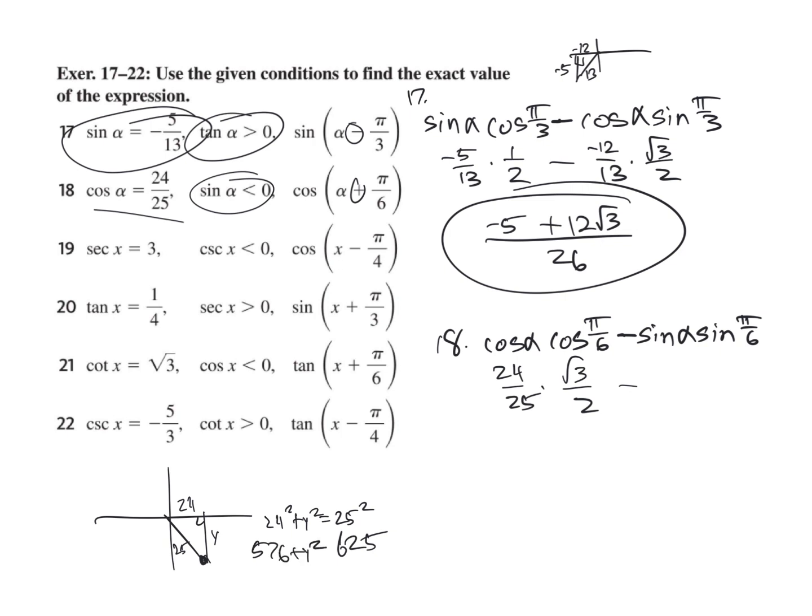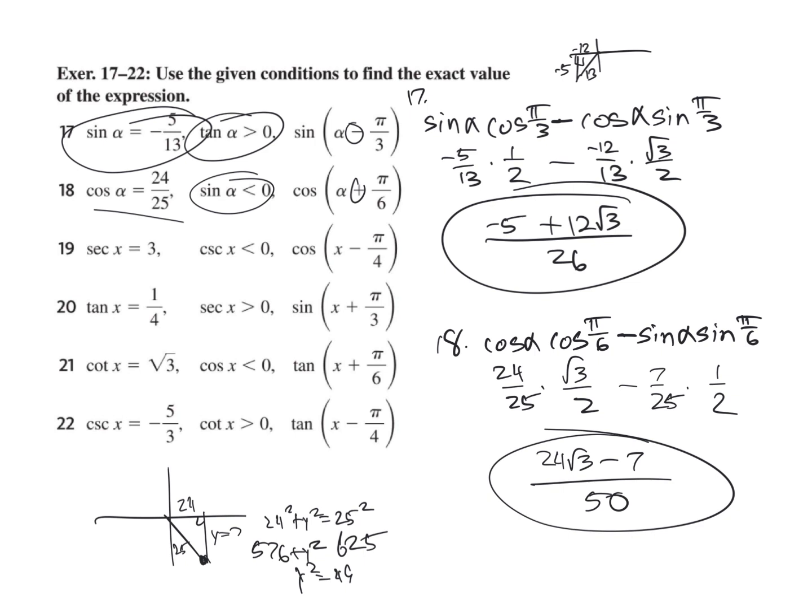And subtract it. So 625 minus 576 is equal to 49. So y is 7. So now the sine of alpha is 7 over 25, opposite over hypotenuse. And the sine of pi over 6 is 1/2. So 24 square root of 3 minus 7 all over 50. That's 18.